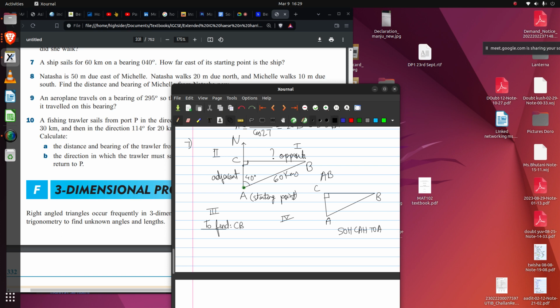So we have the adjacent and we have the hypotenuse. Are you sure?